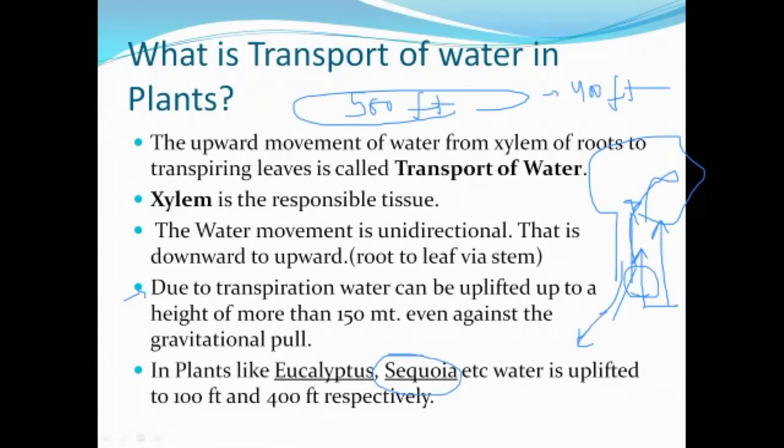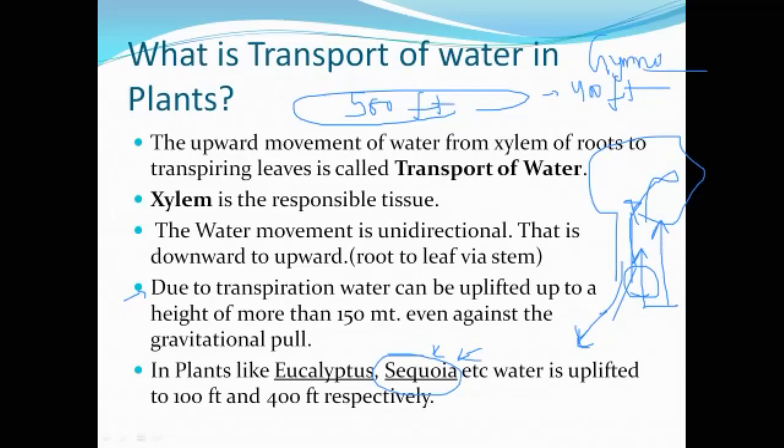In the state of California, there are some trees called redwood trees, that is the common name, and the botanical name is Sequoia sempervirens. It is a gymnosperm. Generally, the normal varieties also grow from 250 feet up to 450 feet, or you can say from 50 meters to generally 150 meters.